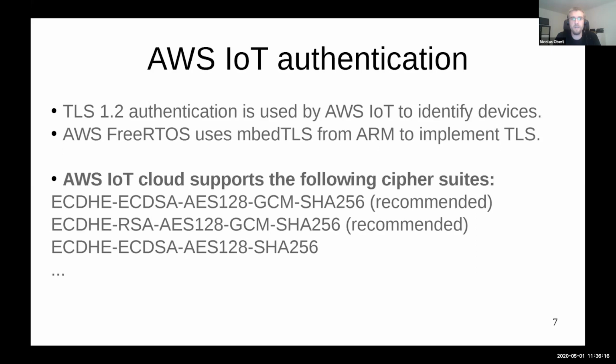We had a look at which kind of encryptions Amazon provides to connect to their clouds. And amongst the cipher suites that are available, there are two of them that are recommended. And the main difference is that one uses ECDSA for the client certificate, and the second one uses RSA. So you can choose one or the other.